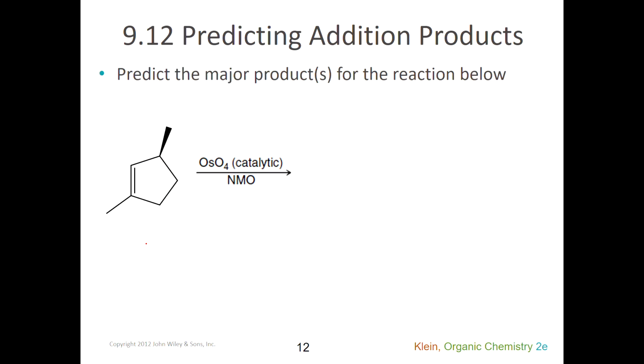So let's look at a couple examples, try to cement some of these ideas here. So here, when I see the osmium tetroxide, I think syn addition of two OH groups that are going to add across that double bond.